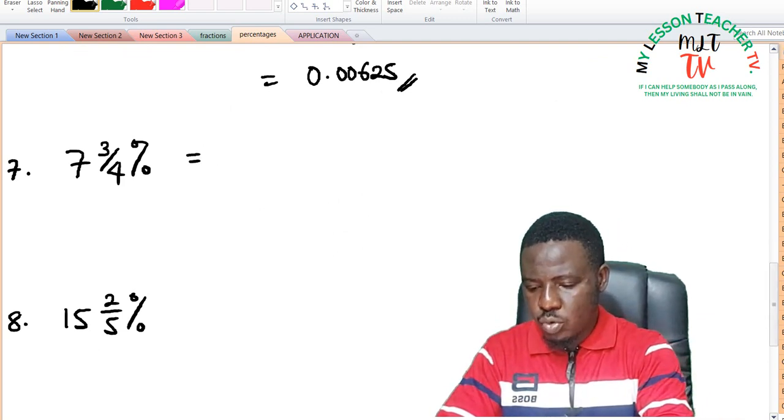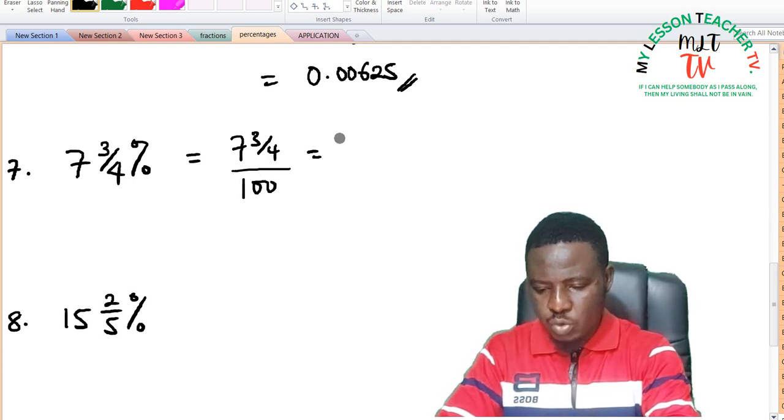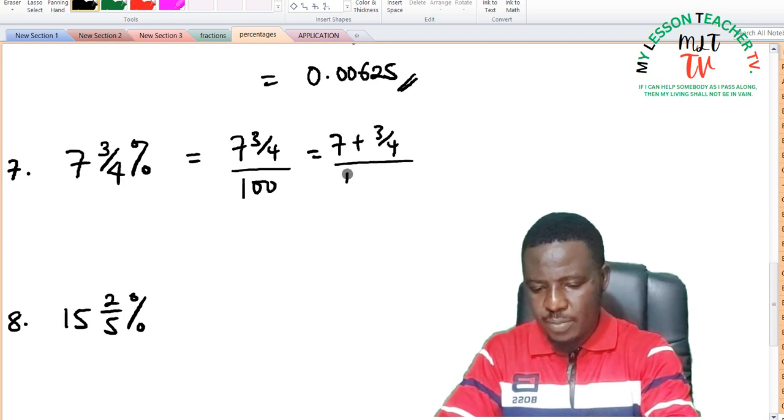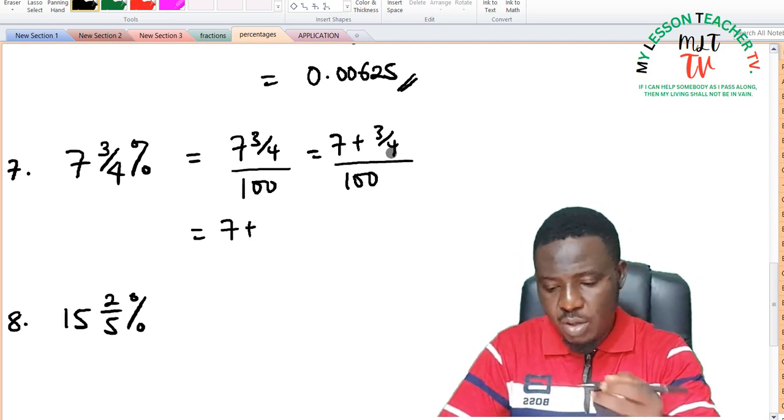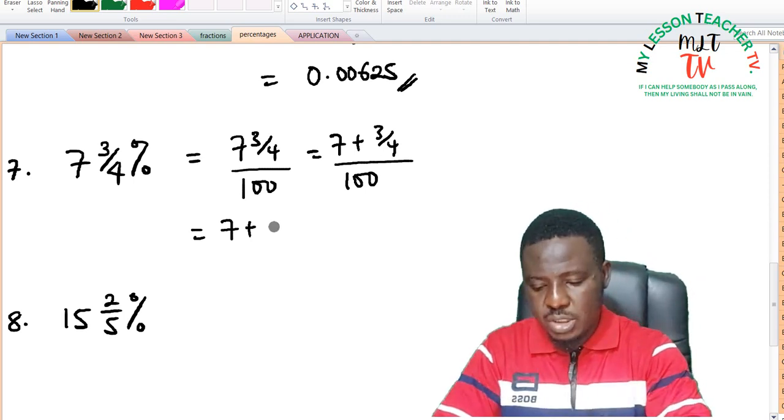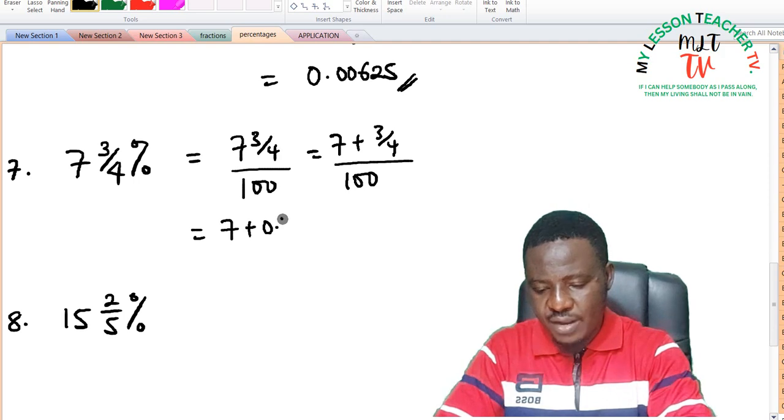In question 7, we are asked to express 7 whole number 3 over 4 as a decimal. So this is equal to 7 3/4 divided by 100. So this is equal to 7 plus 3 over 4 divided by 100. This can be said to be equal to 7 plus, convert 3/4 as a decimal. 3/4 in decimal is said to be 0.75.